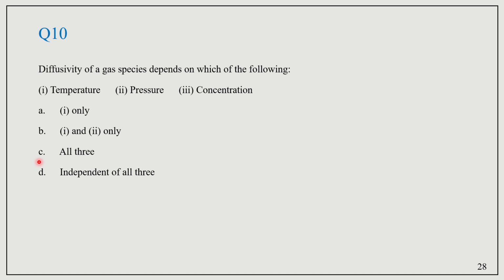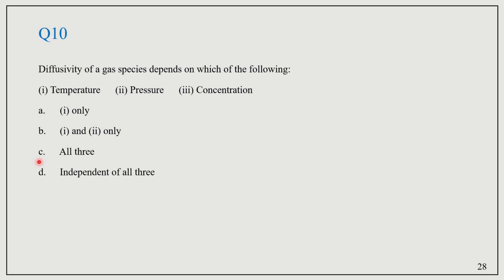So diffusivity of a gas species depends on temperature, pressure and concentration. How is that? Diffusivity is a measure of how quickly a substance can move through another one due to the concentration gradient. So because of the difference in the concentration gradient only, it moves.